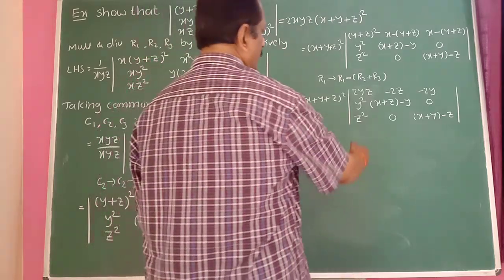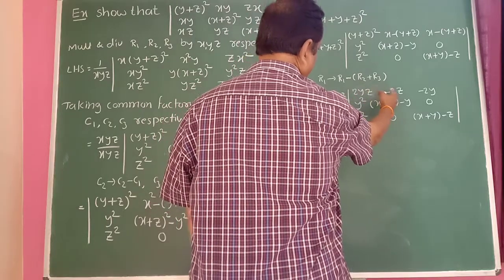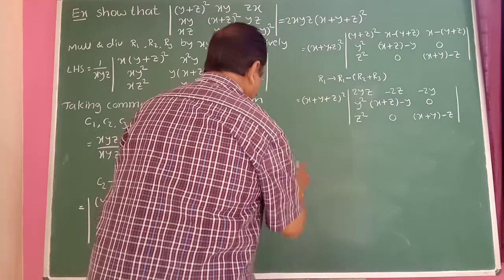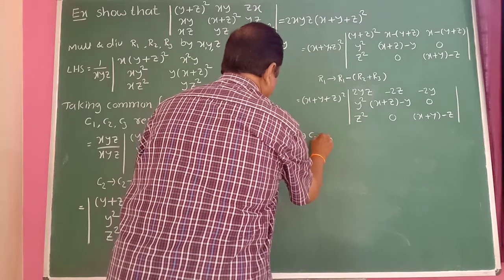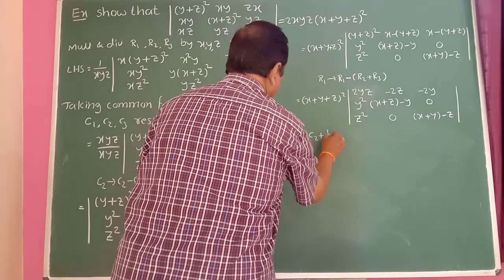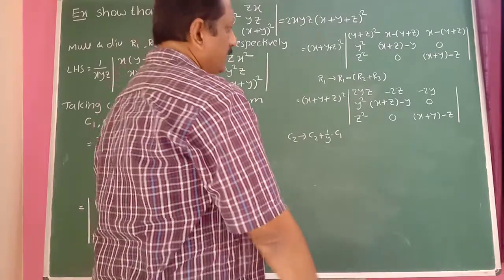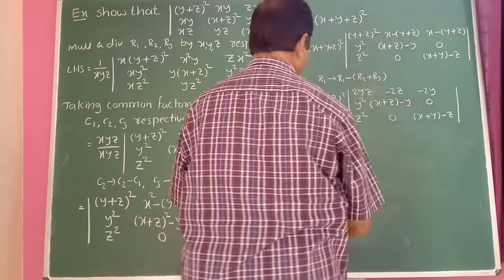Okay, multiply here by y and add here, then this becomes a 0 here. Therefore, C2 gives C2 plus 1 upon y into C1. Similarly, if you divide here by z and add here, then this becomes a 0.